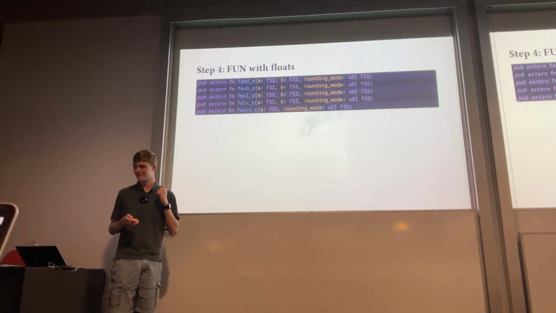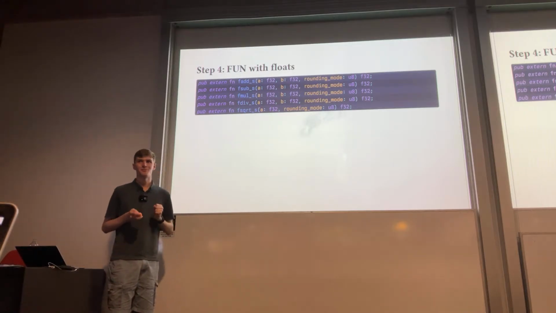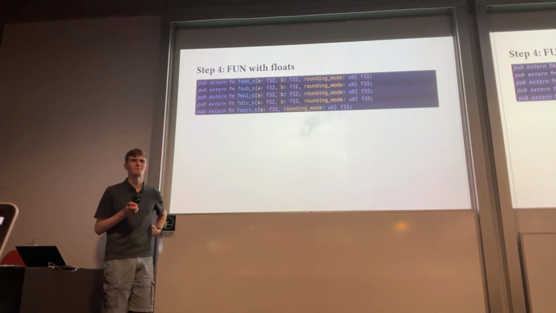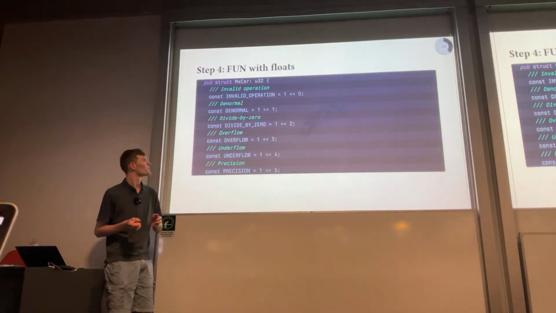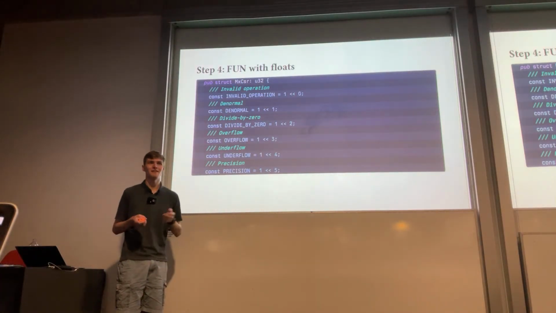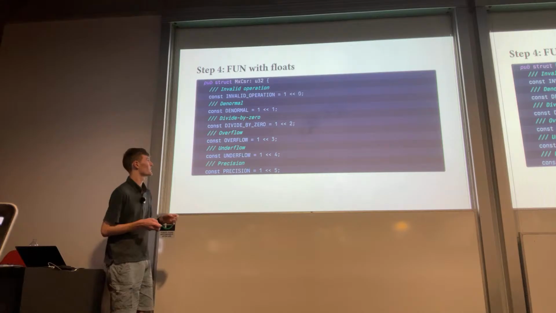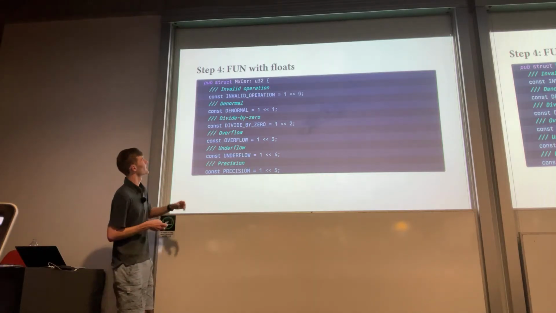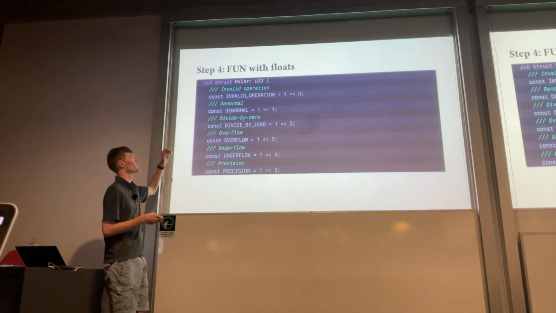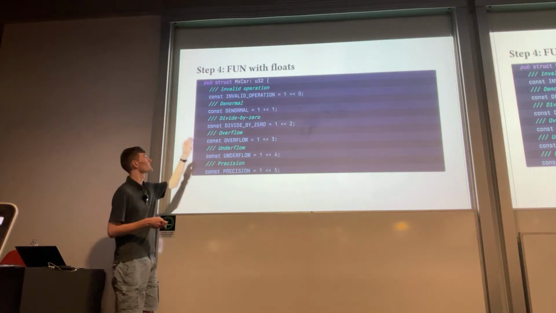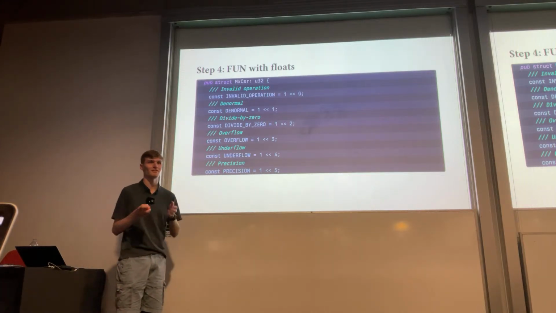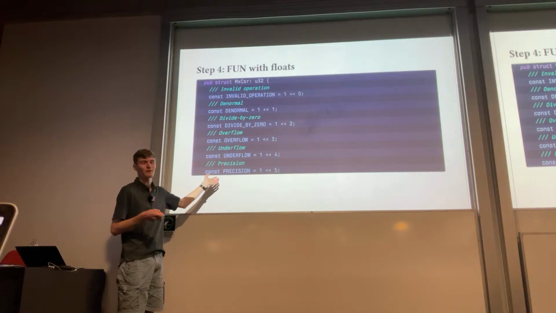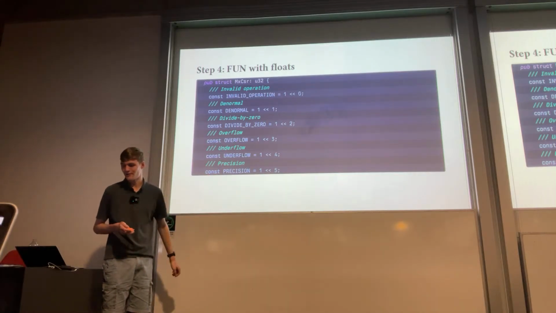Well, not quite. We also have to deal with floating point flags, which are set in a special control and status register whenever an operation results in a divide by 0 error, or is interacting with NaN, or if we had to round for the precision one.